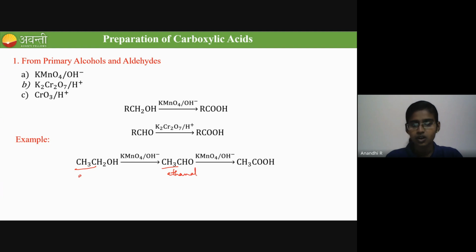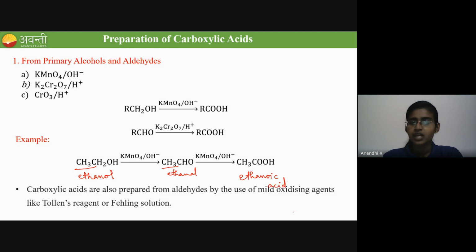Ethanol on oxidation forms ethanal, and ethanal on oxidation forms ethanoic acid. So alcohol on oxidation forms aldehyde, and aldehyde on oxidation forms carboxylic acid. This is what we have seen in the last class.